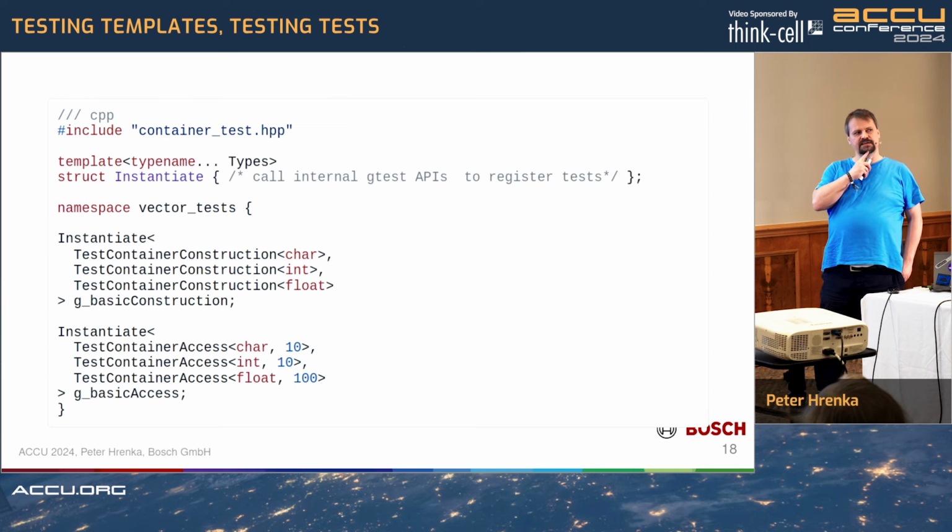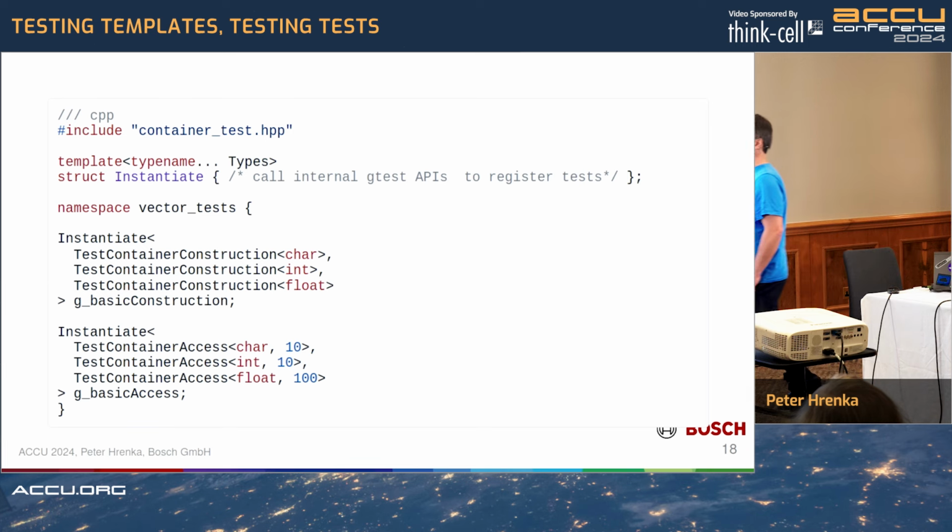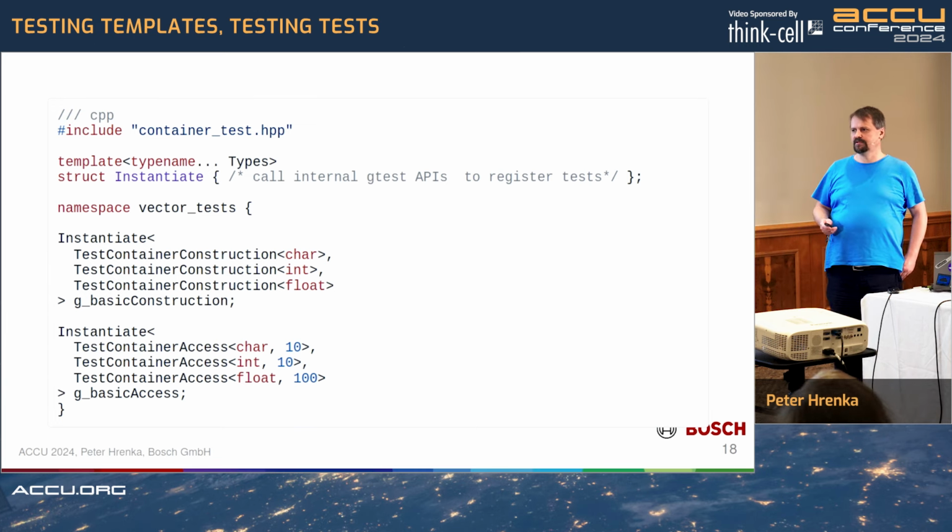We could have done it the same way as Google Test, where you pass it a type list, basically, and it gets instantiated with a test class, but that will make problems. So here we decided just to put this explicitly there, then you see what's happening. And then here you also have the possibility to have multiple parameters in the instantiations, which is difficult if you have just a simple test macro.